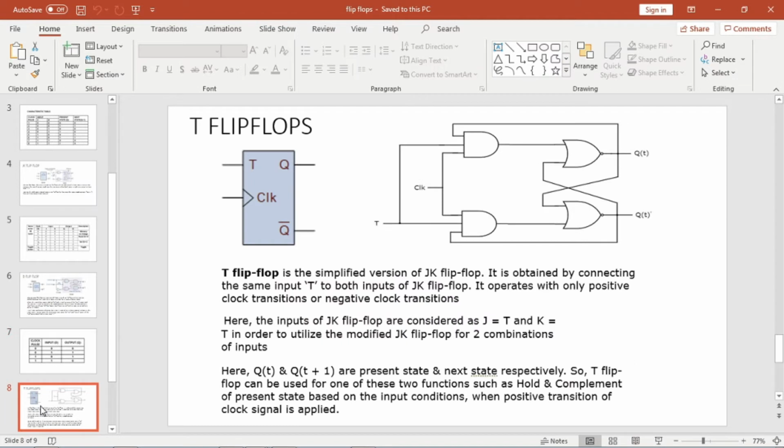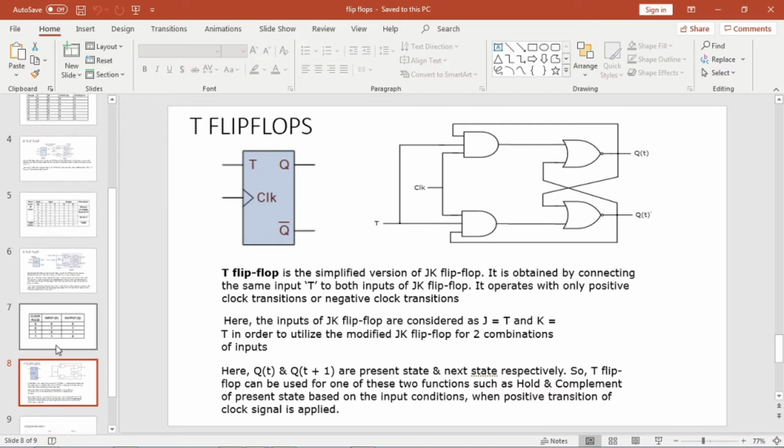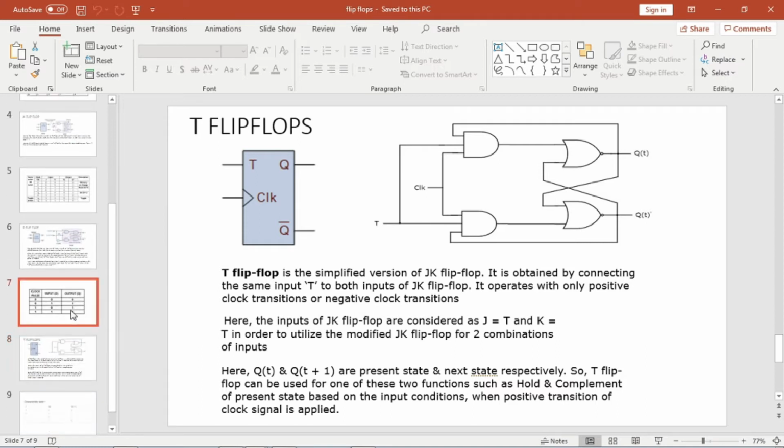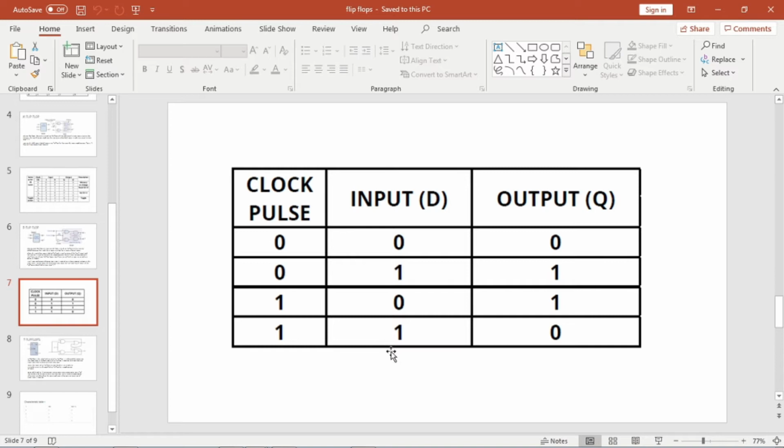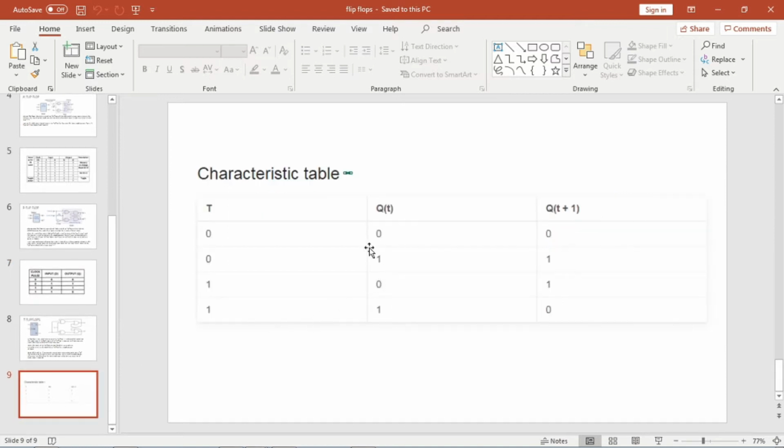Let us now look into T flip-flops. T flip-flops are a simplified version of JK flip-flops. Here, when we give 1 and the previous is 1, it returns 0. Let us look at what this flip-flop returns. When the input is 0, it returns 0 0.